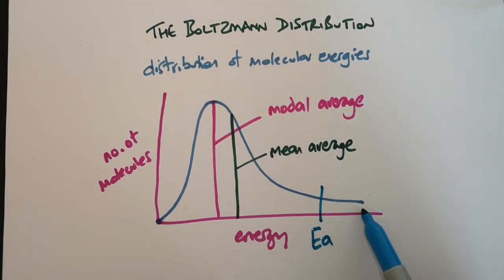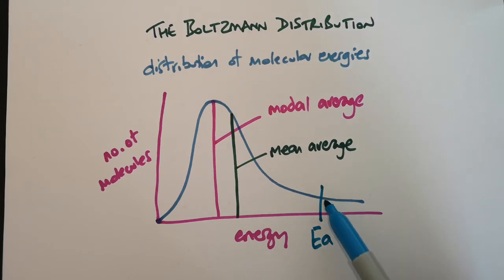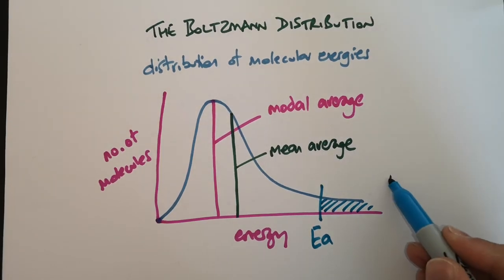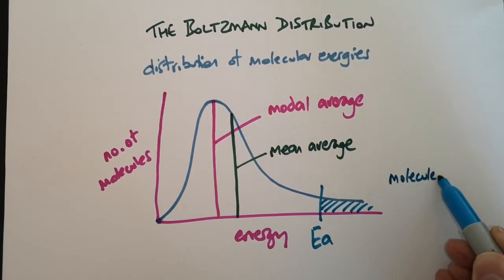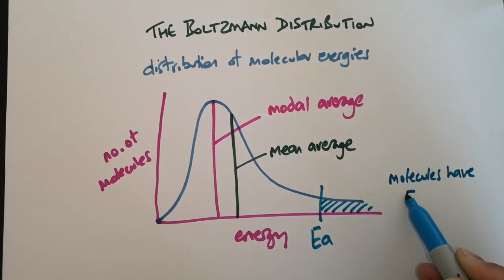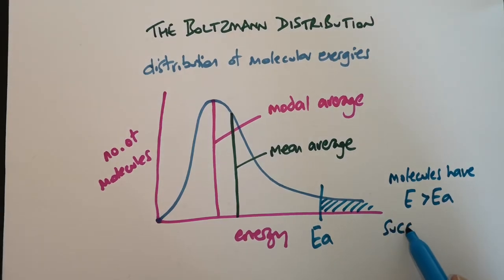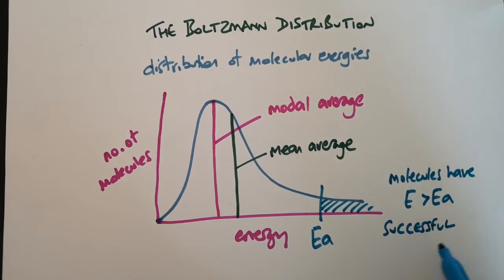What that means is these particles here that have energy greater than the activation energy, so the shaded area, will be the ones that are able to react. The molecules have energy greater than the activation energy, so it means they can overcome the activation energy barrier and create a successful or effective collision.